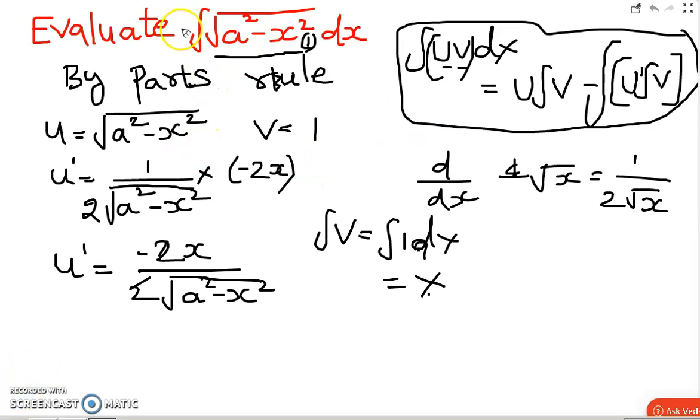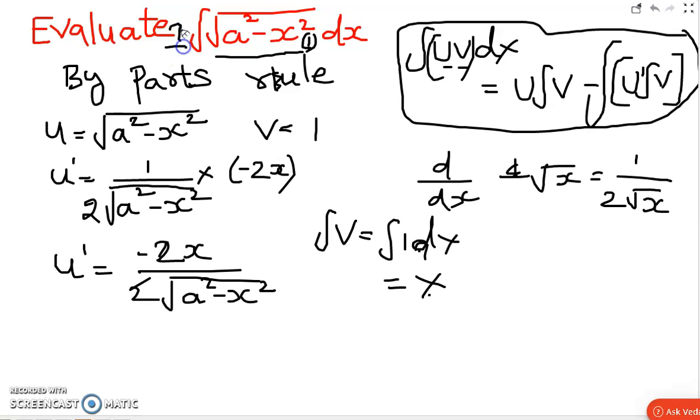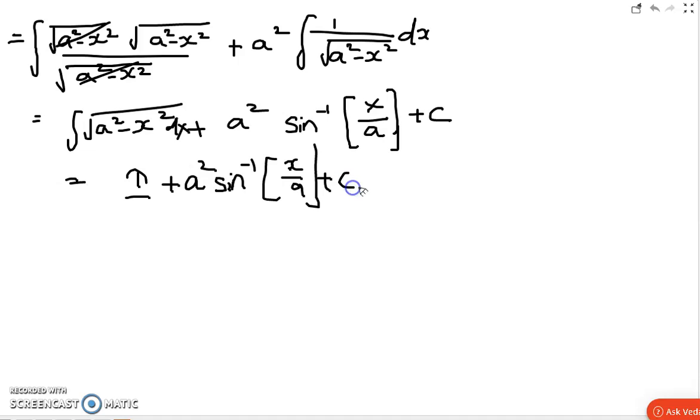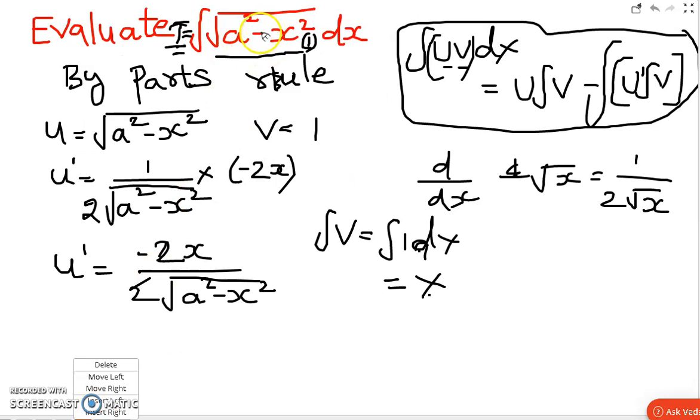Yeah, I forgot to tell you that in the question we have to assume I as I is equal to integration of root of a square minus x square dx. So it is nothing but I plus a square sine inverse x by a. The question was this, we are doing this only, no?